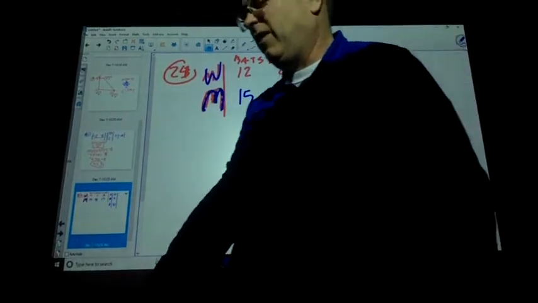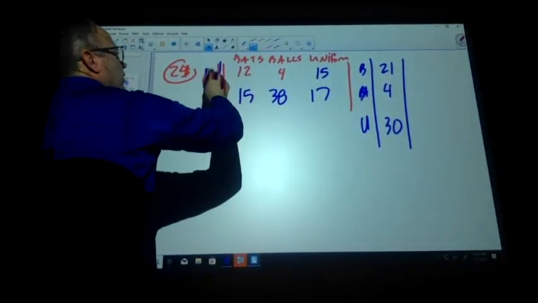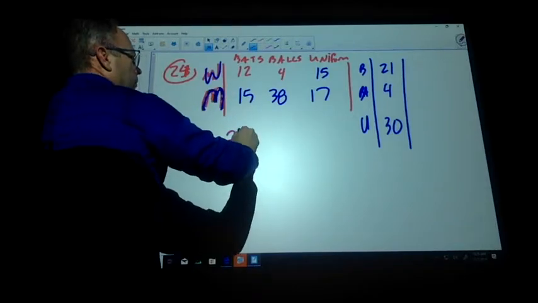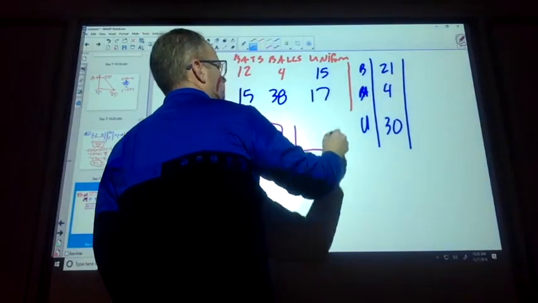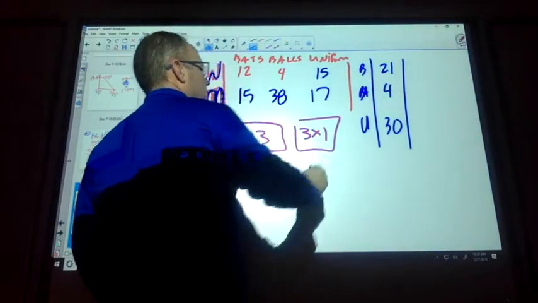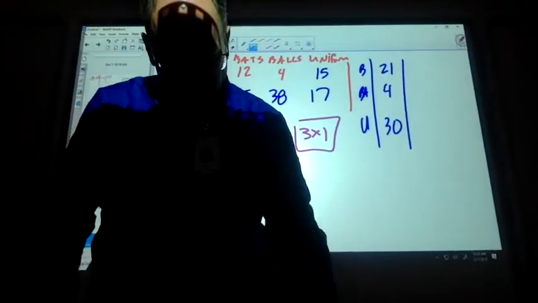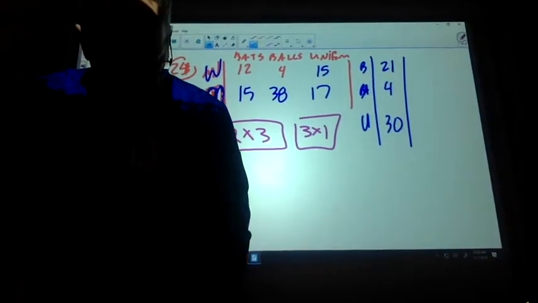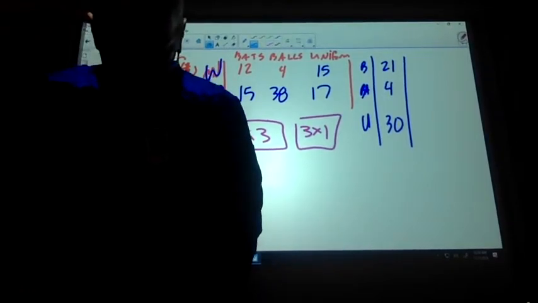Alright, so now I have to see if I have it set up in the appropriate order. So this is a 2x3. That works for me. And that is a 3x1. It says then multiply to find the cost per team.